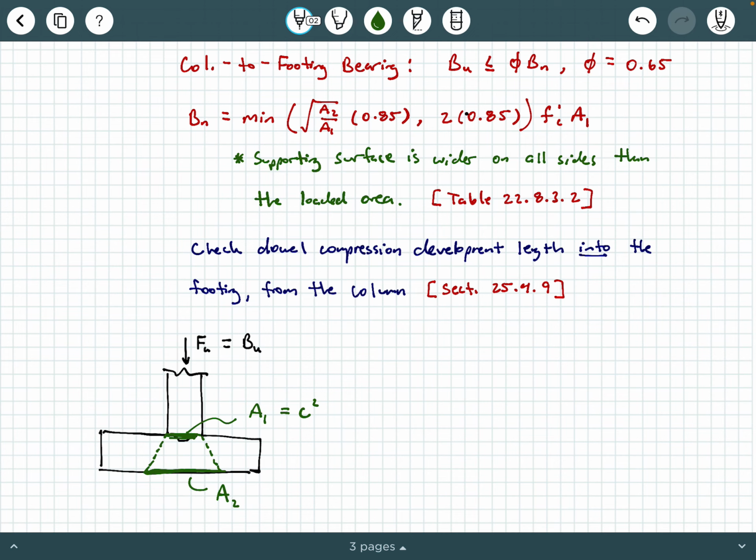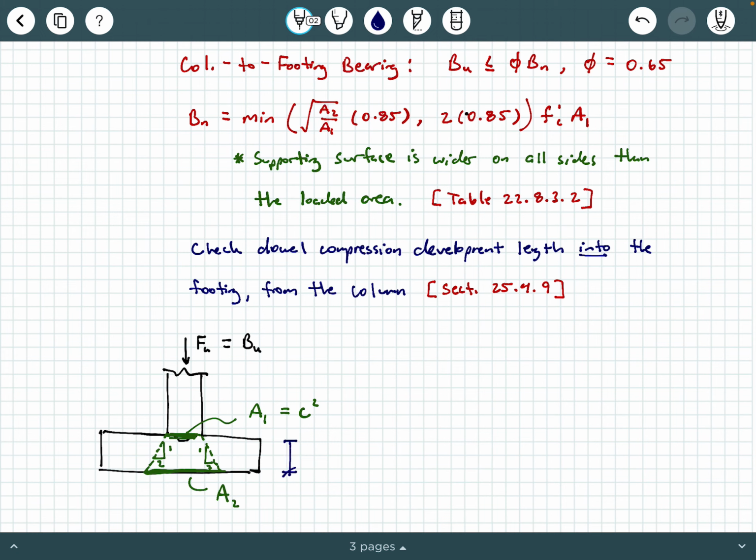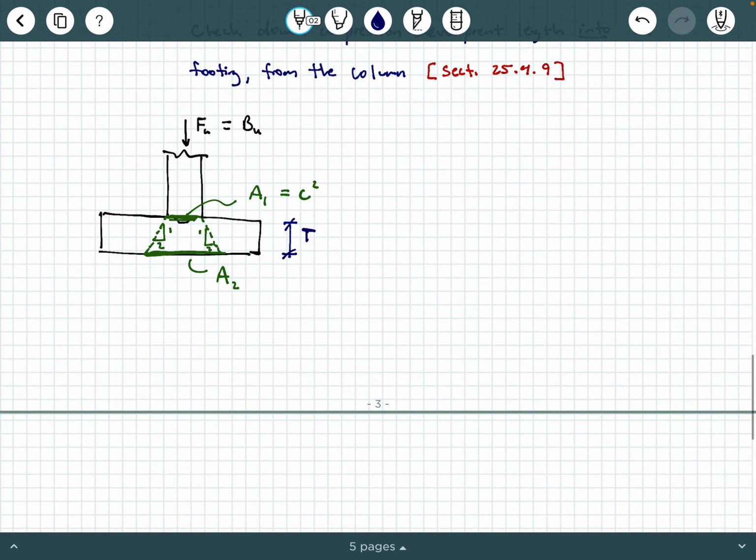Well, A2 is going to be obtained by projecting a one vertical to two horizontal area down to the base of the footing. Okay, so A2 should still be square. It should be some kind of square area, but it comes from a 2-to-1 ratio. So, for example, let's say that you have a thickness of capital T here of your footing, okay? So if that's capital T thickness, then what is this dimension going to be here?